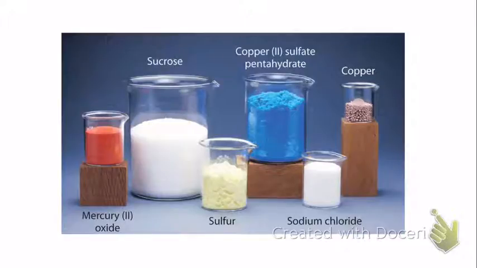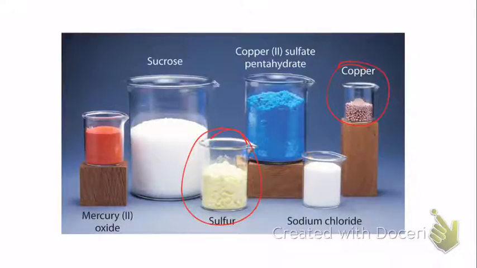All right, so compounds and elements are pure substances. They have different structures, they look different, different colors, they smell different. For instance, we have copper, which is essentially an element and is a metal. Sulfur is also an element, and you can look at the difference.